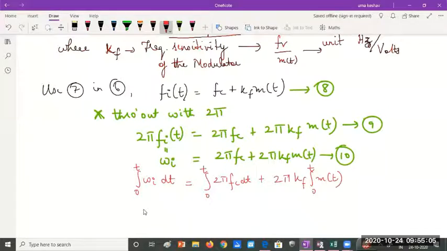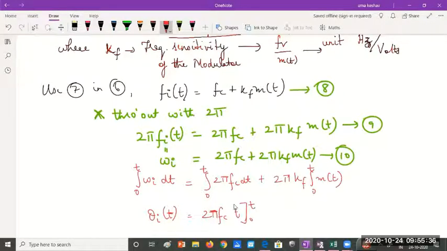Here, integral 0 to t omega I dt is your angle theta I. It's a function of time. If you want, you can show this. Even if you don't show, it is understood. Theta is a function of time. And here 2 pi fc are all constant. All the three factors are constant with respect to time. So what is the integration of 1 dt? It is t with limits 0 to t.